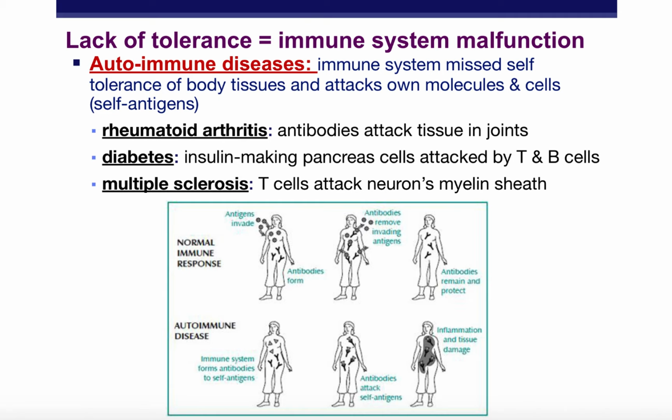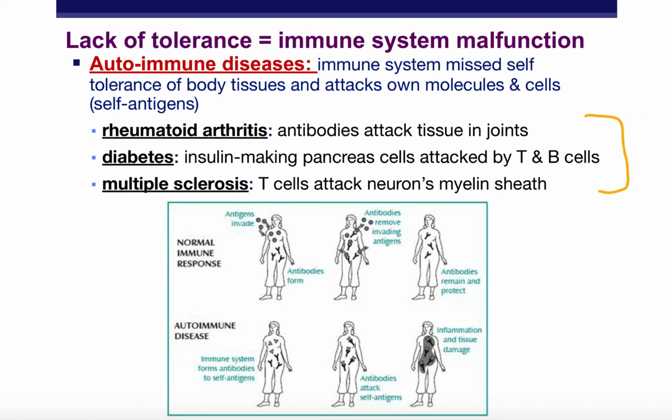Diabetes can occur when your body starts attacking your pancreas cells that make insulin that help regulate your blood sugar. And multiple sclerosis is when your immune system makes T cells that attack your myelin sheath that helps your neurons work. So lack of screening for self-tolerance can lead, especially over time as you age, to some dangerous things.